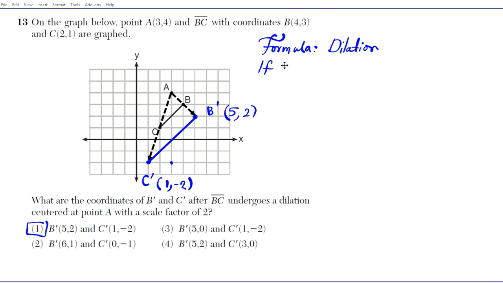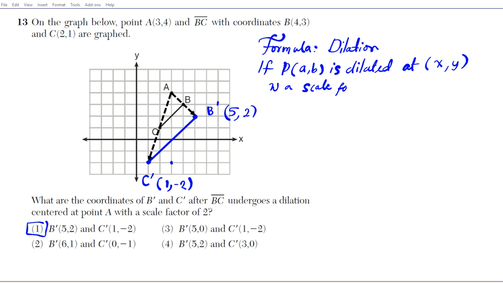Okay, so let's call it P. If point P, which is (a, b), is dilated, centered at a point (x, y) with a scale factor k, then the resulting point P prime is going to be given by, you do the x's first, okay? So for the x's, you do scale factor k times (a minus x) plus x.